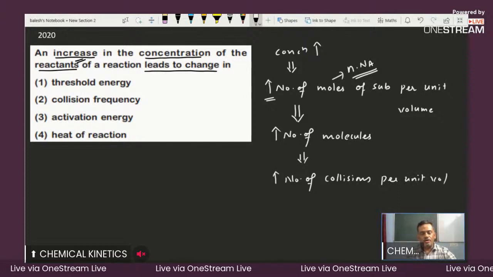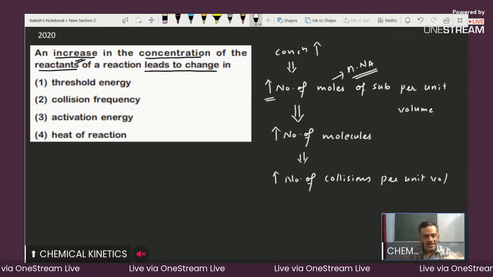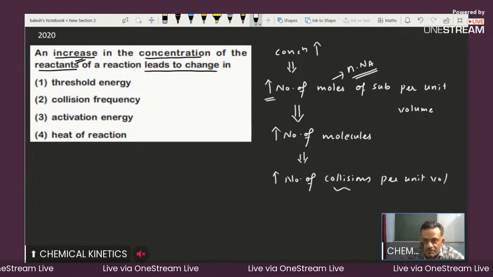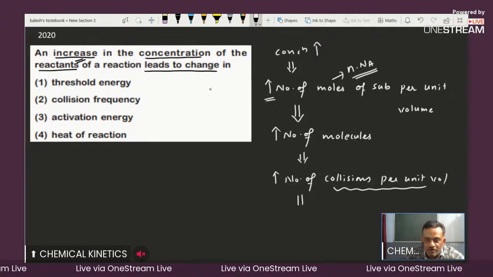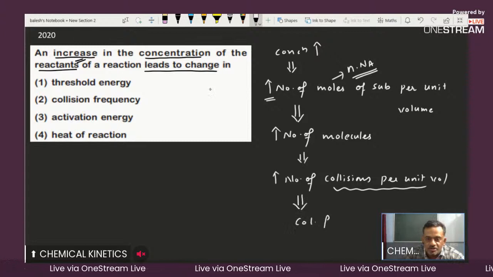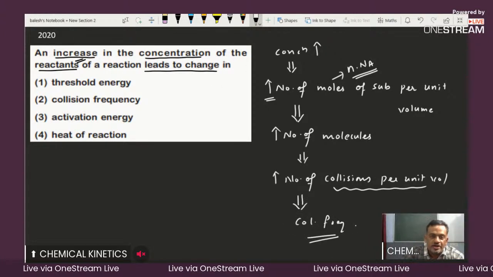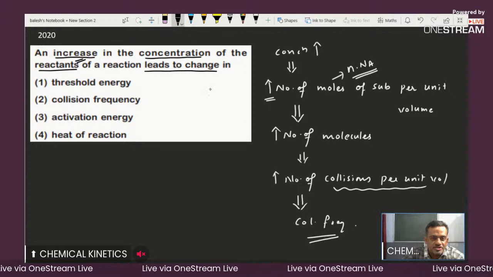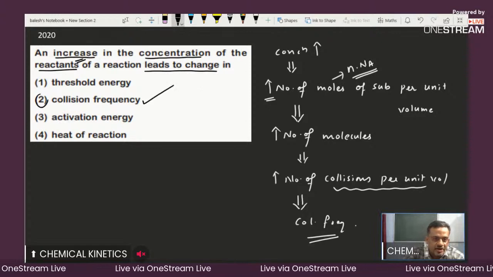As more molecules come into the same volume, they start colliding. Number of collisions is nothing but the collision frequency. So with increase in concentration, collision frequency increases. So the second option will be the right one.